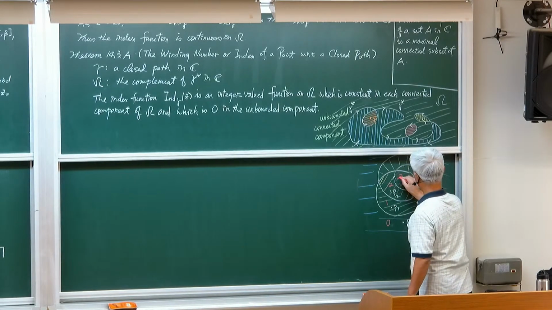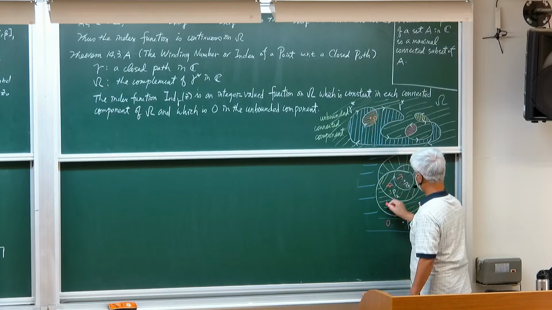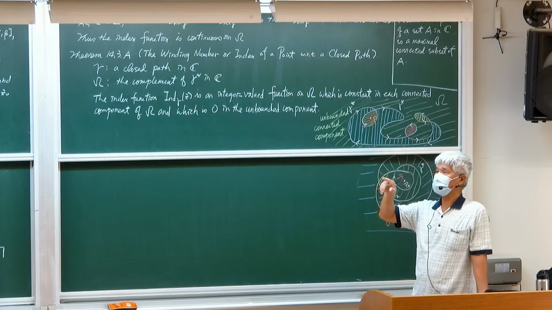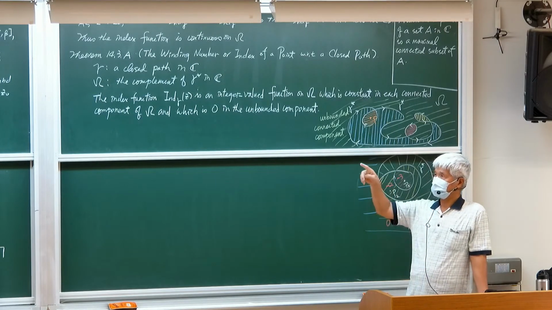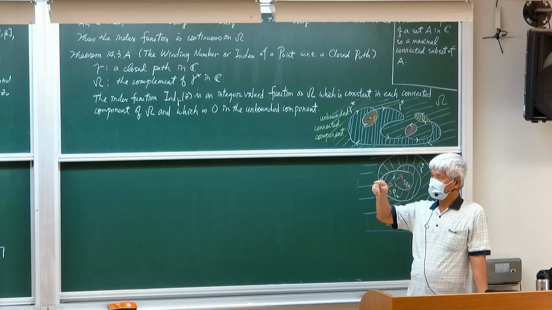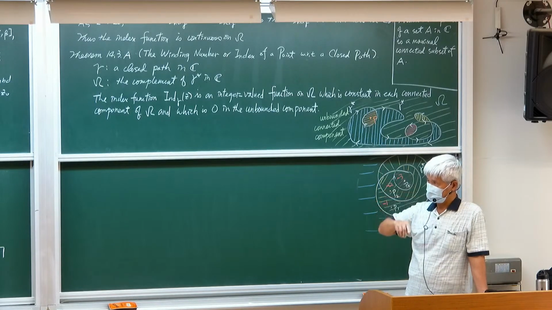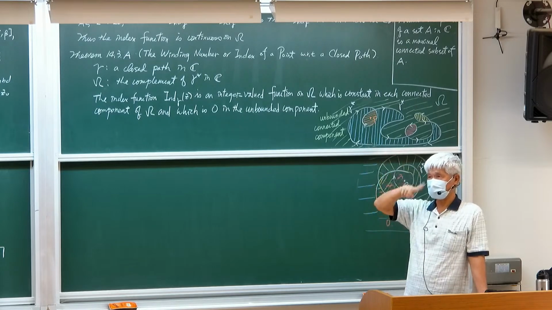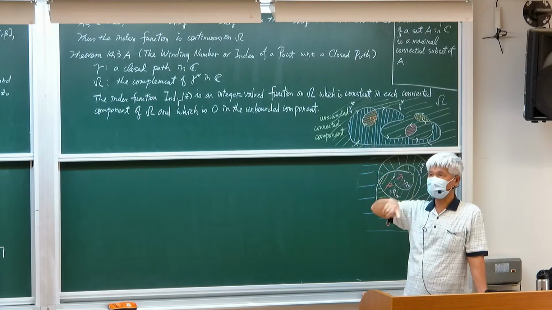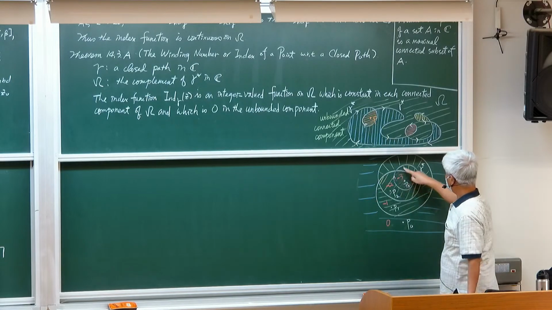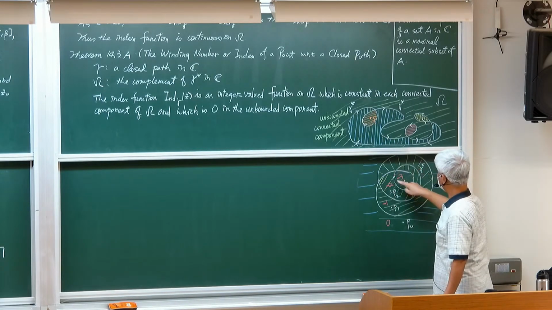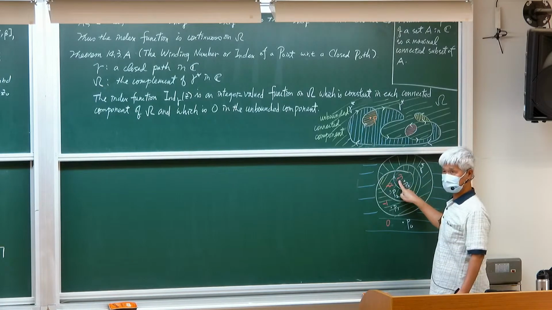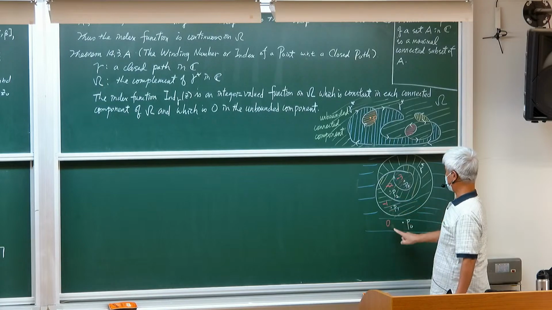So the winding numbers are -3, -2, and -1, because there is direction, right? We usually say that if we wind around a point counterclockwise, it's positive, because the counterclockwise direction is usually assigned to be positively oriented. But in this case it's clockwise 3 times, so this is -3, this is -2 and -1, and there's 0.